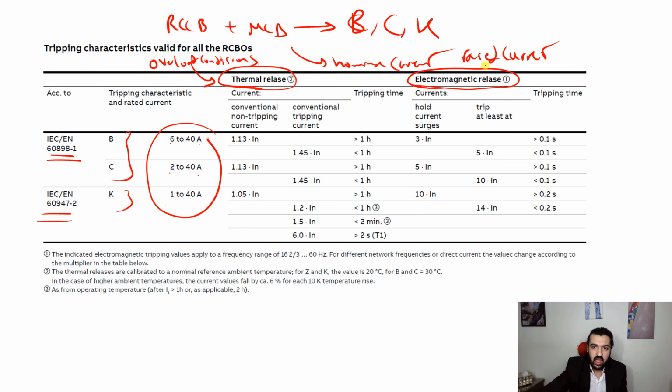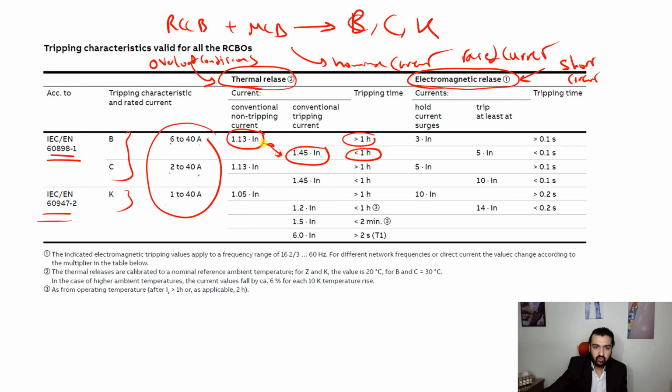And electromagnetic release, this is a mechanism for short circuit conditions. Now for thermal, here you can see it says that between 1.13 to 1.45 it will be more than 1 hour, and this one less than 1 hour to trip.